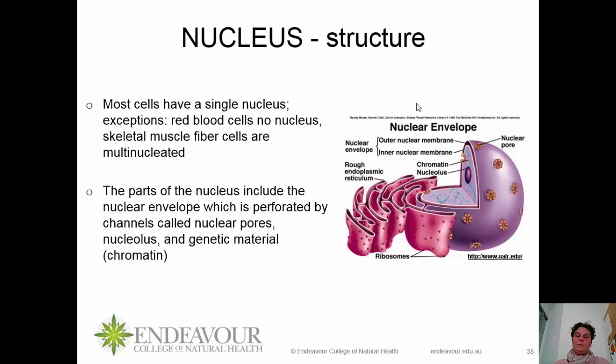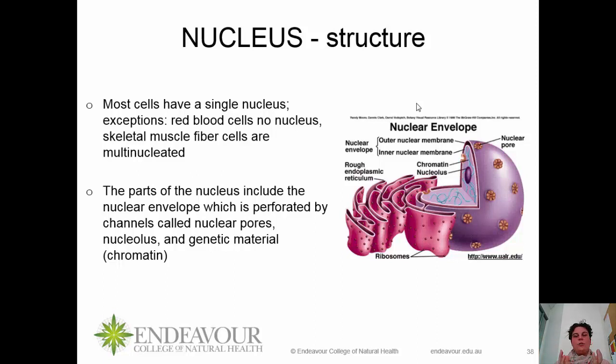In the nucleus, you will also find something called the nucleolus. That's a small nucleus. The membrane around the nucleus is perforated, so it has little holes in it, and those holes are called nuclear pores.